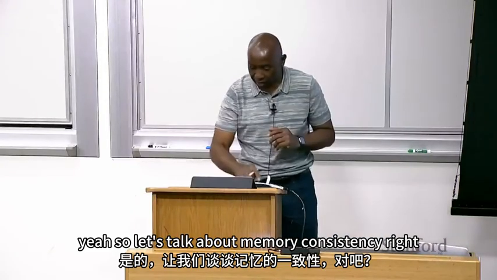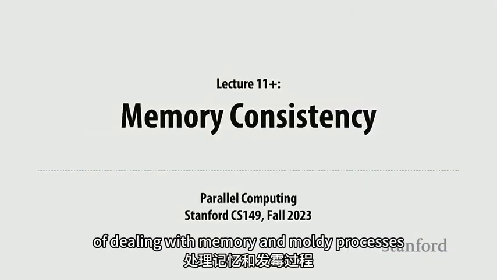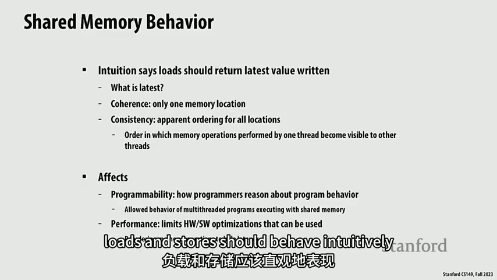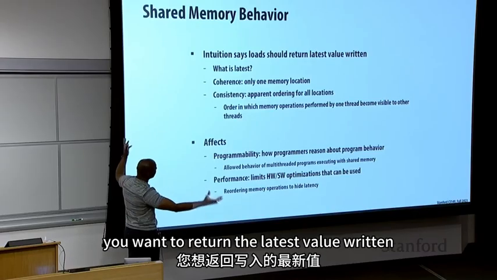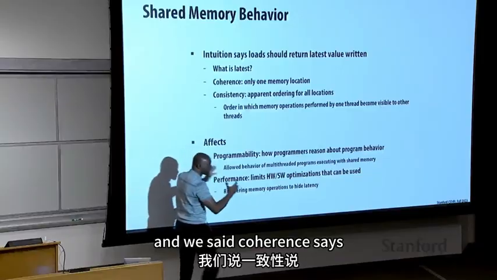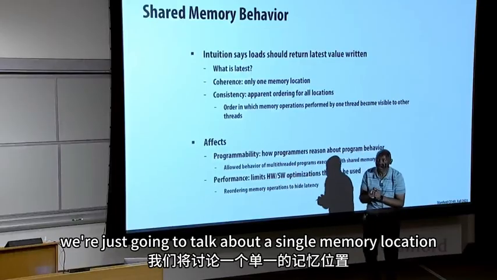All right, so let's talk about memory consistency, which is the other side of the coin of dealing with memory in multiprocessors. We talked about how loads and stores should behave. Intuitively, you want to return the latest value written. Coherence talks about a single memory location.